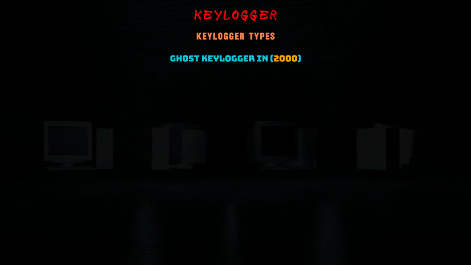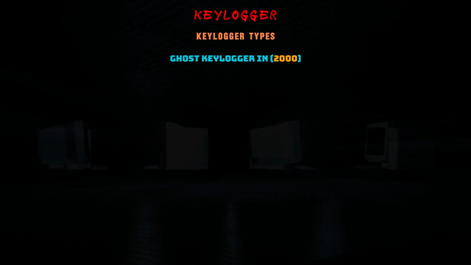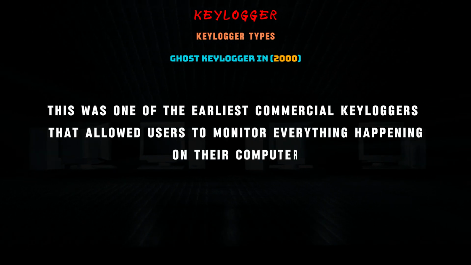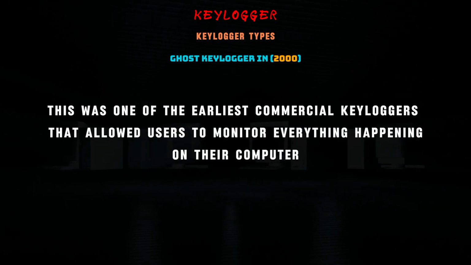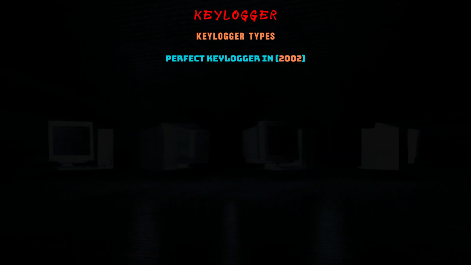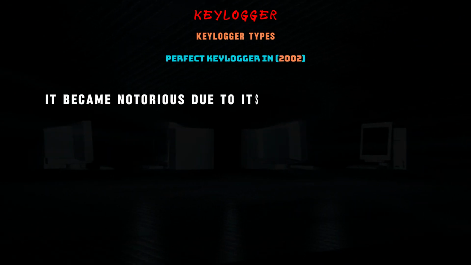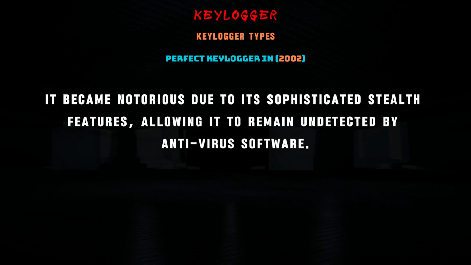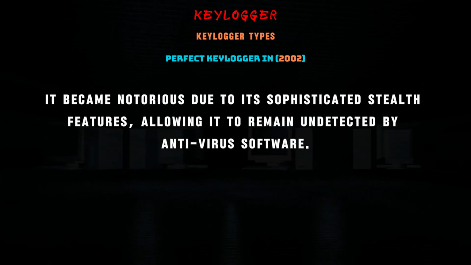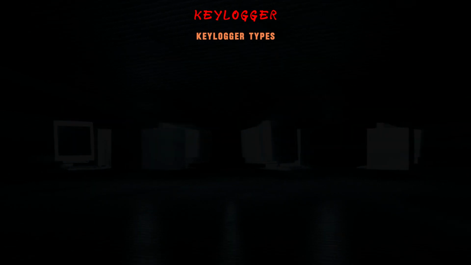For examples, Ghost Keylogger. This was one of the earliest commercial keyloggers that allowed users to monitor everything happening on their computer. Perfect Keylogger. In 2002 it became notorious due to its sophisticated stealth features, allowing it to remain undetected by antivirus software. Sony Rootkit.